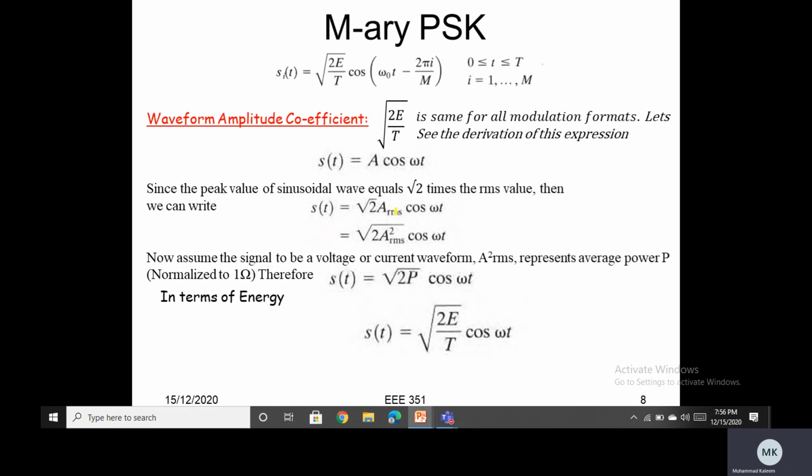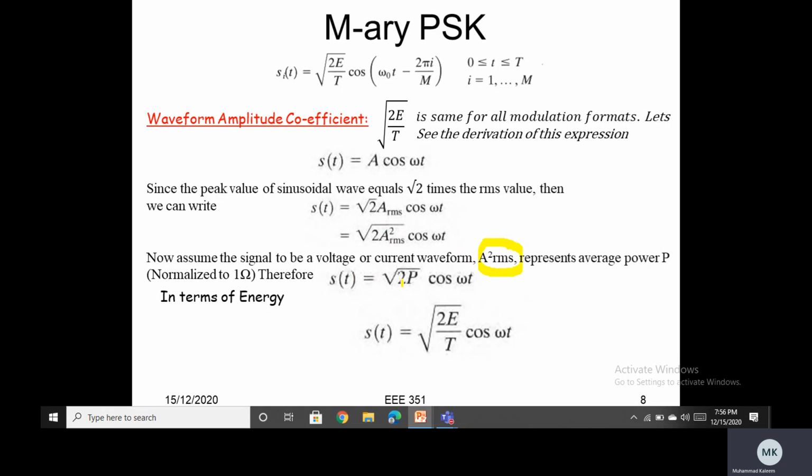Now I can rewrite this equation again, extending the square root by taking A squared RMS. And now if I assume the signal to be a voltage signal or current signal, then A squared RMS represents the average power normalized to 1 ohm. So this whole term A squared RMS can be written as P, which is the power of the signal.